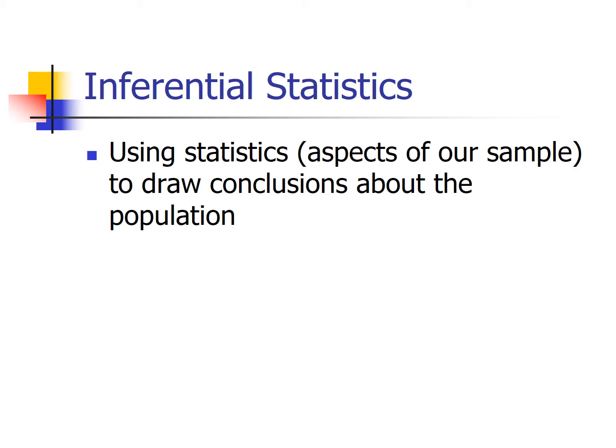Why are we justified in looking at a sample but using that to draw conclusions about a population, much of which we haven't even been exposed to? These are the type of questions that we tackle with inferential statistics, and it's what we're going to start laying the groundwork for right now.